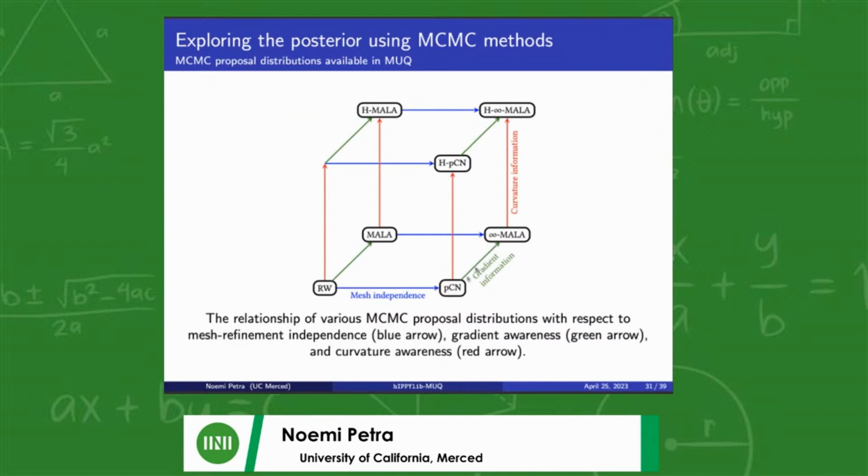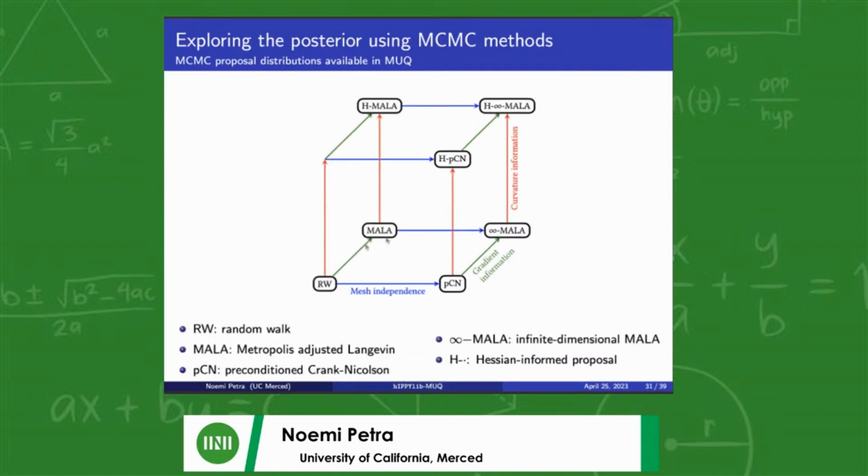We also use proposals that use gradient information and Hessian-based methods. This is just a picture to show the relationship of these MCMC type approaches with respect to mesh refinement independence. At the end of the day, we want to push this for large-scale problems or larger-scale problems.